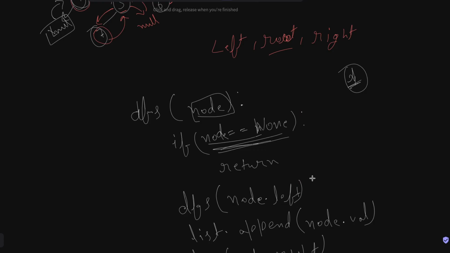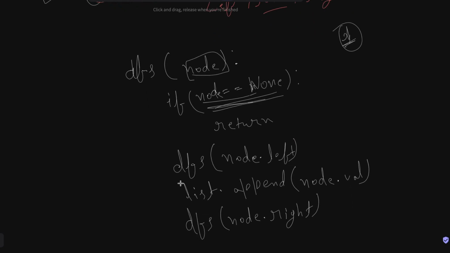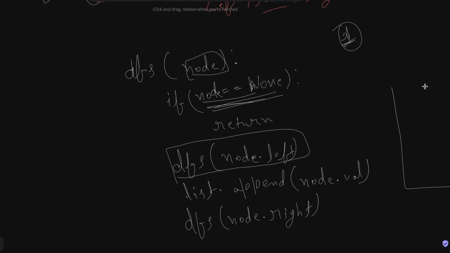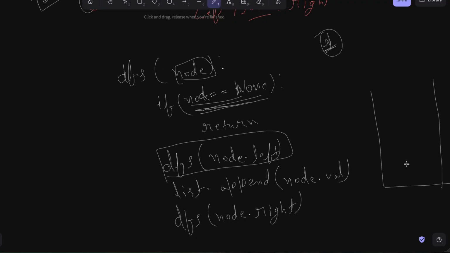Now node.left is 2, and remember at this point there will be a call stack. Okay, so once this line hits, a new call will be placed on an internal stack by the operating system. Suppose dfs 2. So this was the dfs 1. Then now this is on dfs 2, on node number 2.